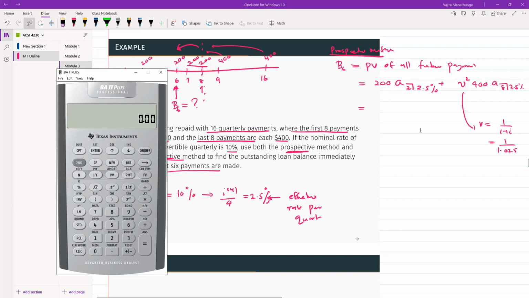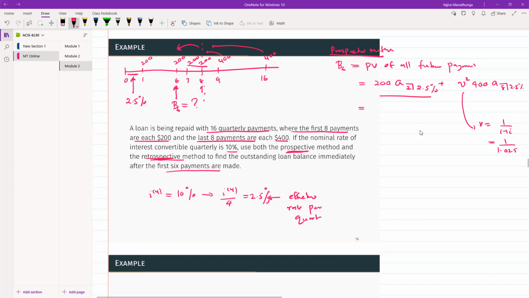For this one, what are the entries we need to enter? N equals 10, payment is 200, rate is 2.5, C/Y and P/Y are 1, present value is what we need, and future value needs to be set to 0. Okay, so let's use that.